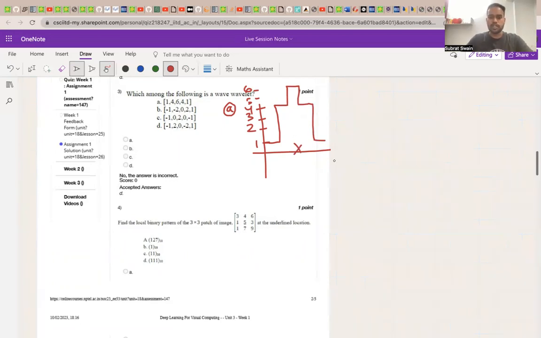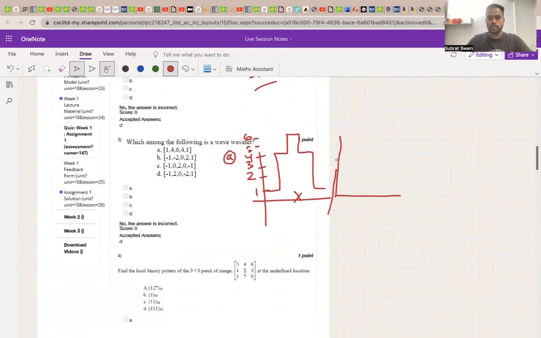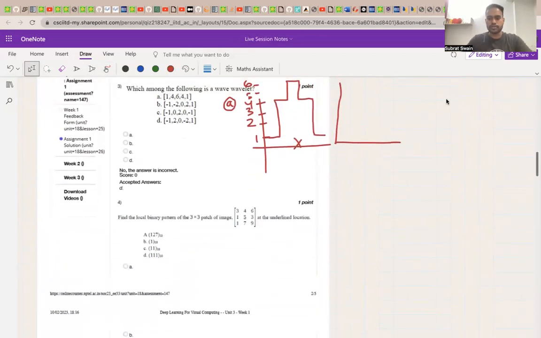For option B, we have a -1 component here, so I'll put -1, -2, and here 1 and 2.